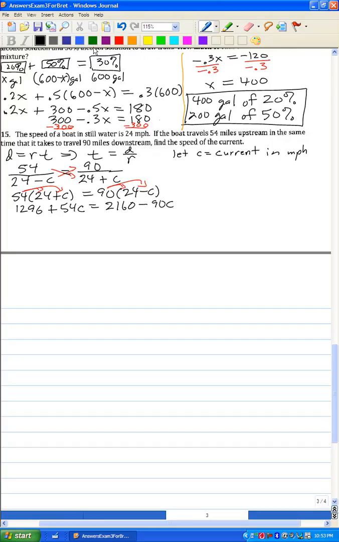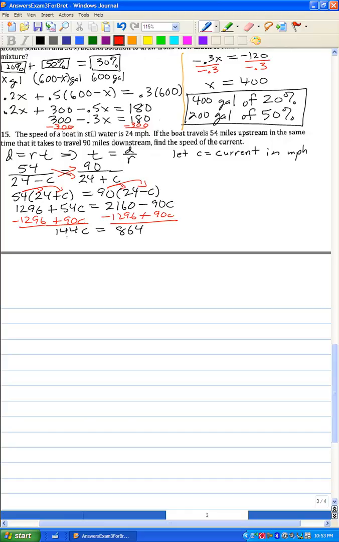Let me subtract 1296, add 90c to both sides of my equation. And so I get 144c is 864.